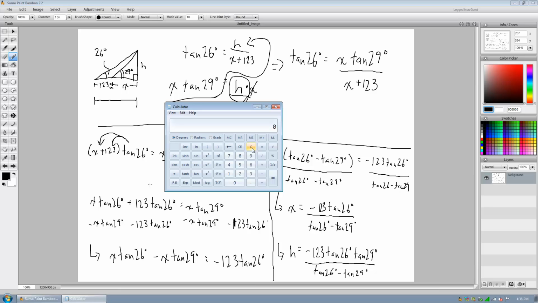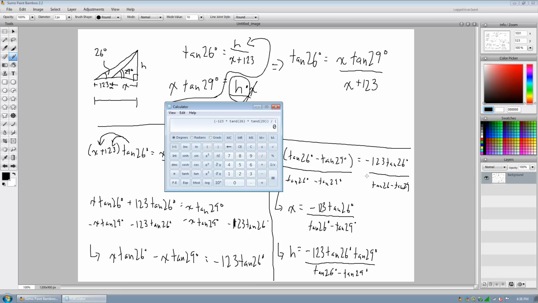How do I put in negative 123? Bracket. 123 negative. There we go. Times 26 tan times 29 tan, end bracket divided by start bracket.